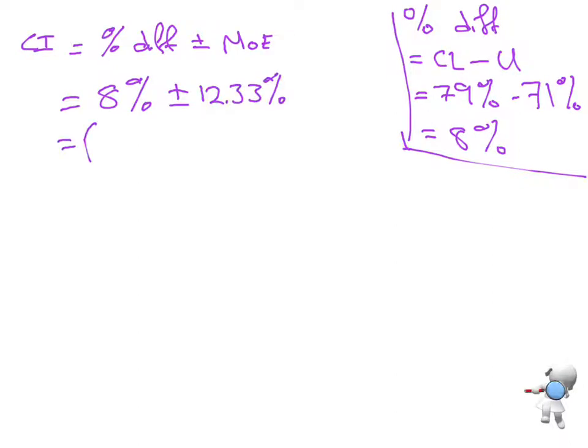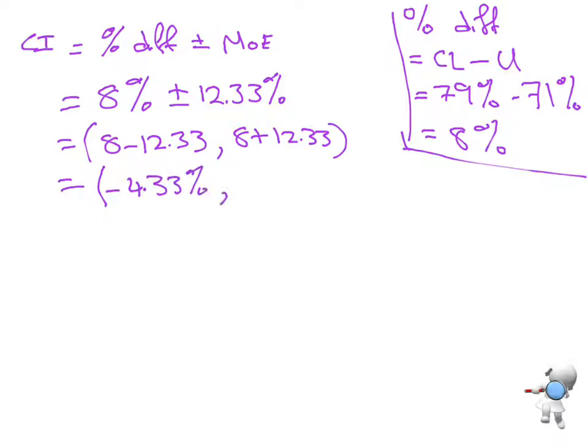So I separate that into two pieces. 8 take away 12.33 and 8 plus 12.33. That will give me negative 4.33% and 20.33.